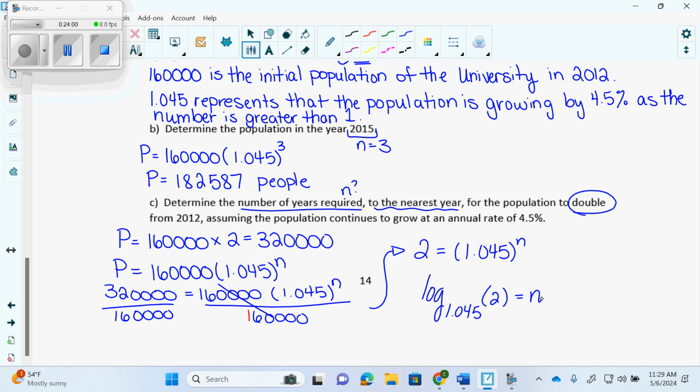The exponent. So N is, to the nearest whole year, 16 years. So you would say it takes 16 years, or if they wanted the actual year, you go 2012 plus 16, which is 2028. It takes till 2028 for the population to double.